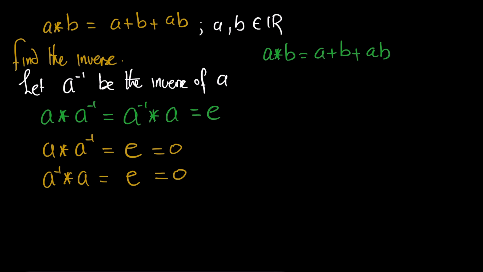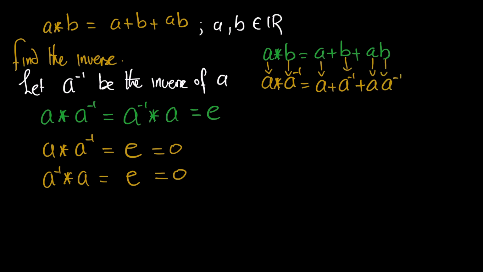If you have A star the inverse of A, this A stays the same, but our B is the inverse of A. So we have A plus the inverse of A plus A multiplied by the inverse of A. Now we are looking for the inverse of A, don't forget that, and all of this should give us 0.